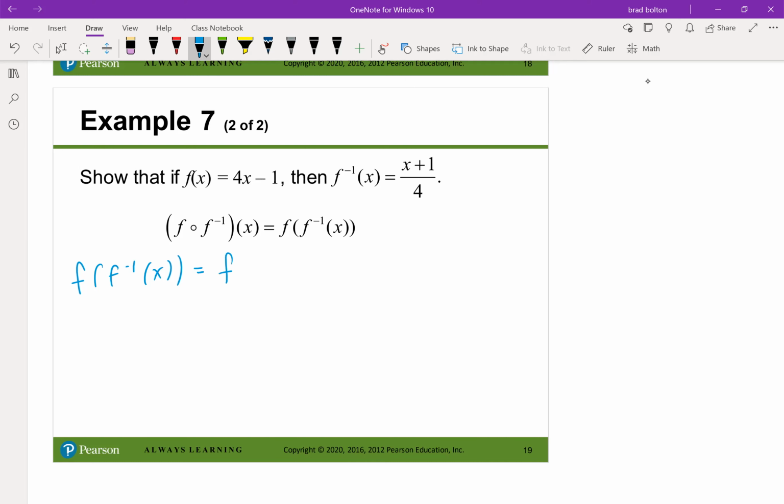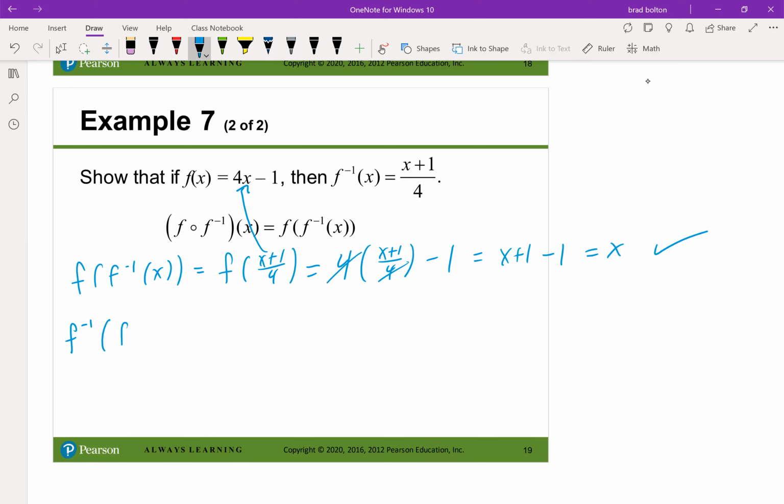So everywhere that I see an x, I'm going to put x plus 1 over 4. So this is 4 times x plus 1 over 4 minus 1. The 4s cancel, and this is x plus 1 minus 1, which equals x. Check.